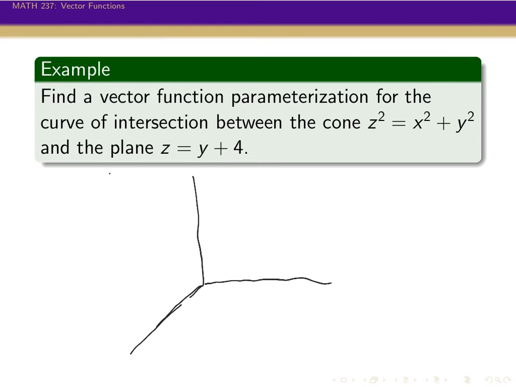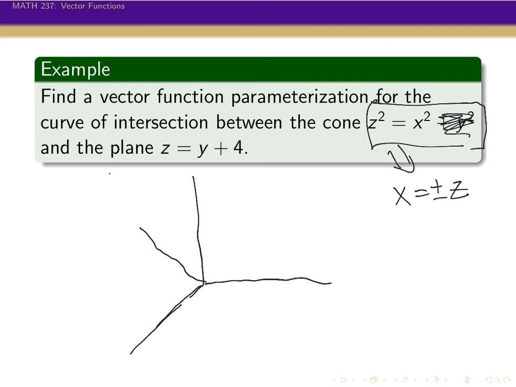One way to envision what these surfaces look like is to think about what they look like on some of the coordinate planes. If I take the xz plane, I'm going to focus on the cone first. I'm setting y to be 0, so it's going to look like x squared equals z squared. That simplifies down to x equals plus or minus z.